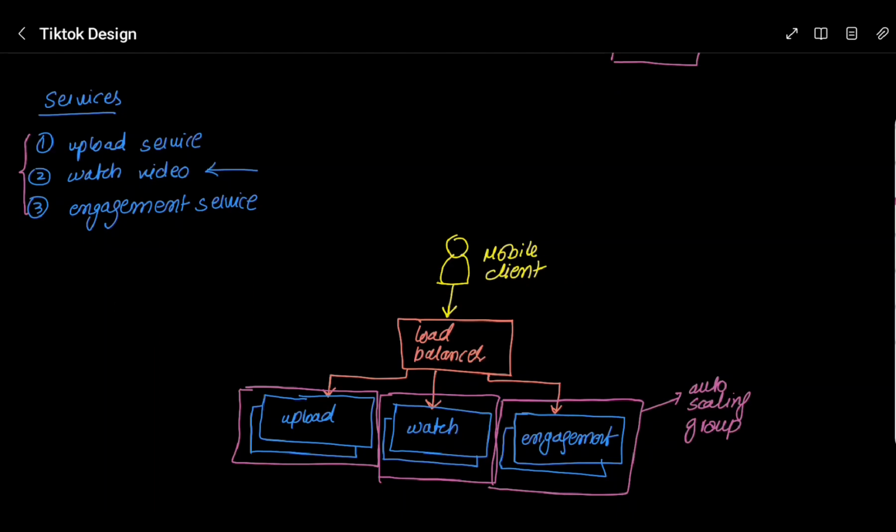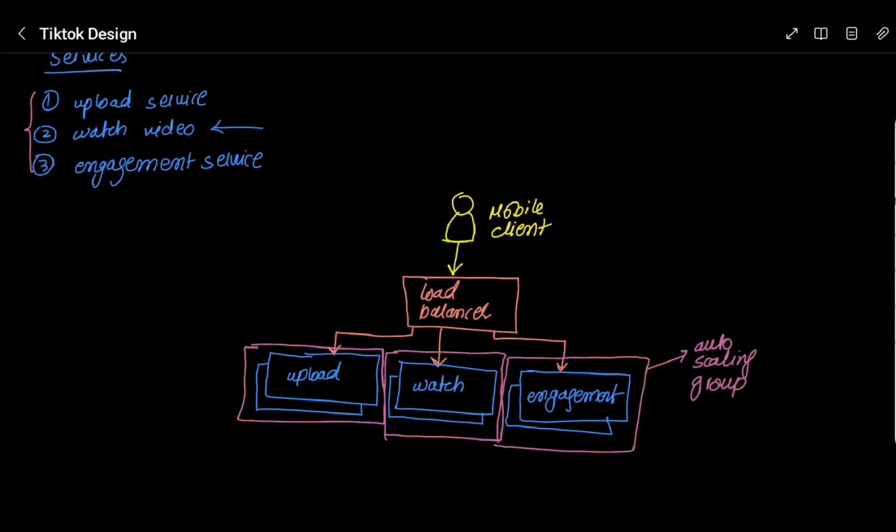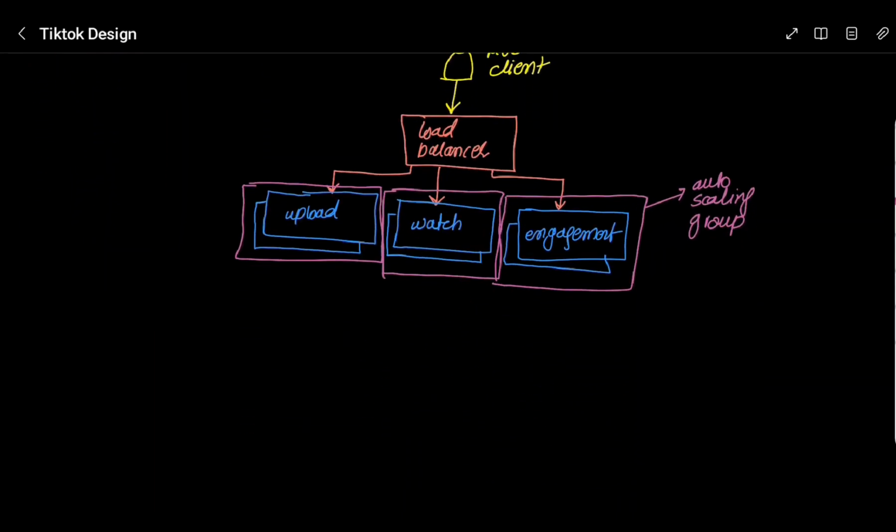But still, there would be times in a day when the upload service might be the most disruptive service, or sometimes maybe the engagement service is the most disruptive service. So we cannot think of a particular number which we can set, that okay, we need this many instances of upload, watch, or engagement service.